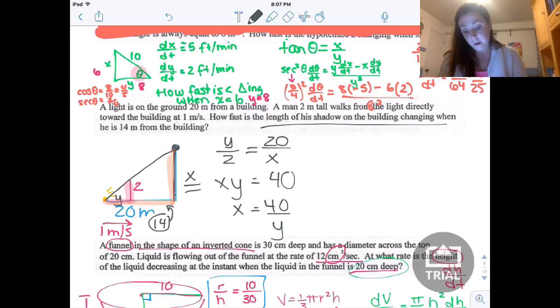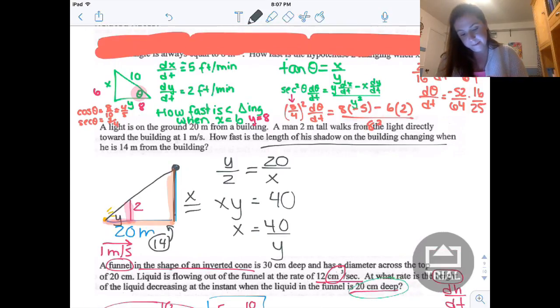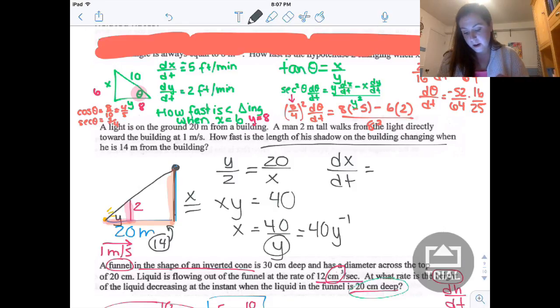So now what I'm going to look at is, okay, dx dt equals, now this is y to the negative first. So that's going to be 40 times negative 1, y to the negative second, dy dt.